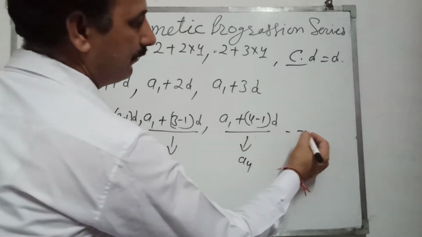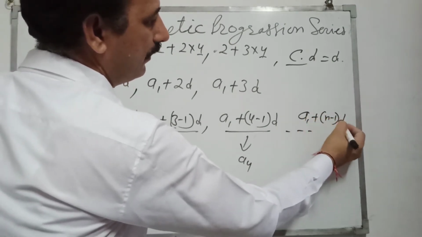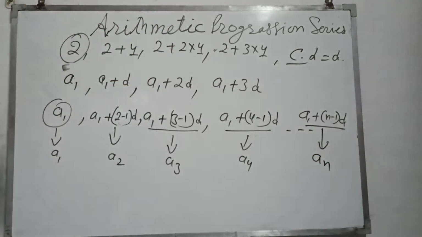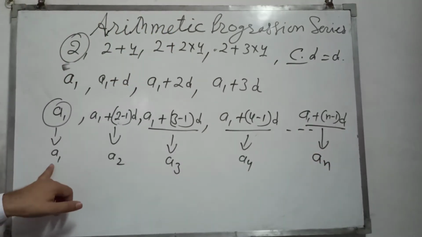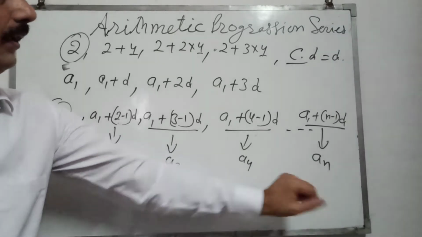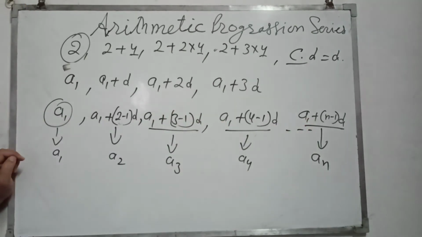And the last term we can write as A1 plus n minus 1 into D, which becomes An. So the general form is A1, A2, A3, A4, An.